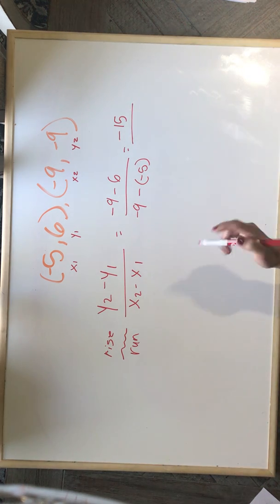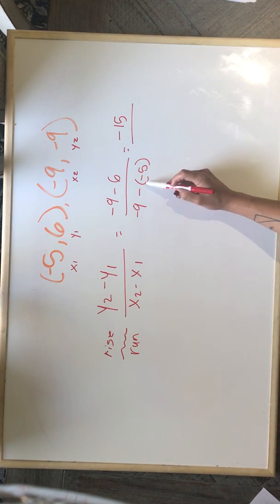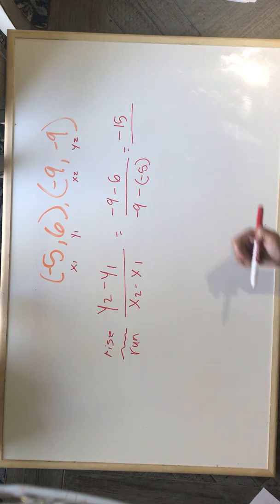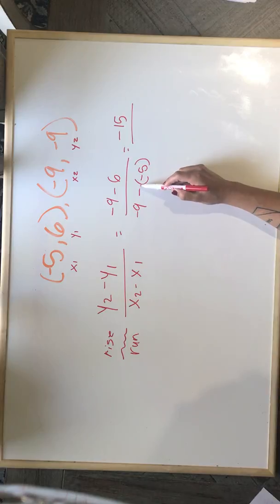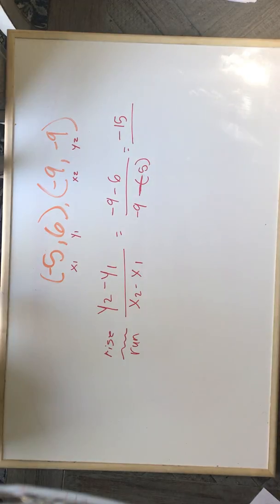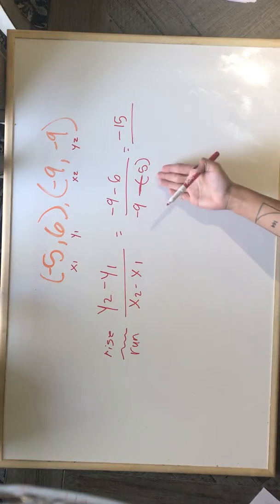So now let's do my little trick. When you have a negative minus a negative here in parentheses, you can kind of visualize a cross. Let's make it a cross. That now makes that a +5. So we have -9 plus 5.